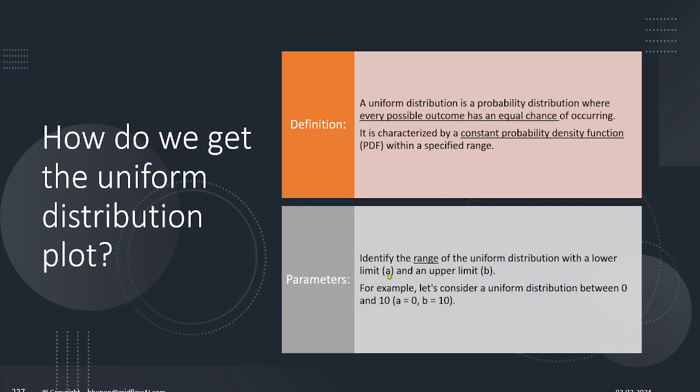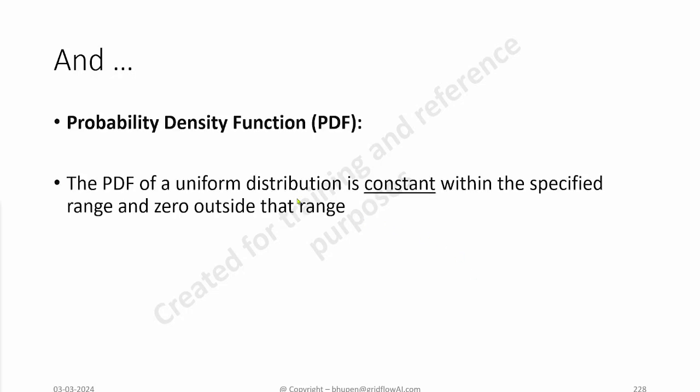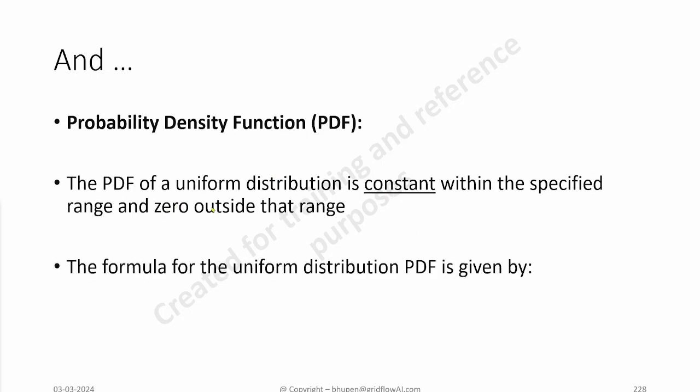Take the range A and B, and you divide 1 over B minus A. So the probability density function for uniform distribution is a constant value. And outside the range, the probability density will be 0. And the formula for probability density function is 1 over B minus A.